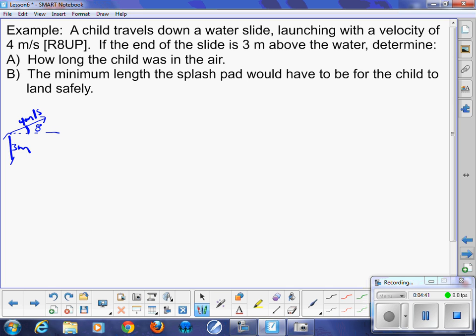Determine. So before I even answer the question, I'm going to break down my information here. I do know my initial velocity. It is going to be the magnitude of the vector, so 4 cos 8 degrees, in meters per second. And again, you can calculate that out. I just don't want to grab my calculator at the moment.